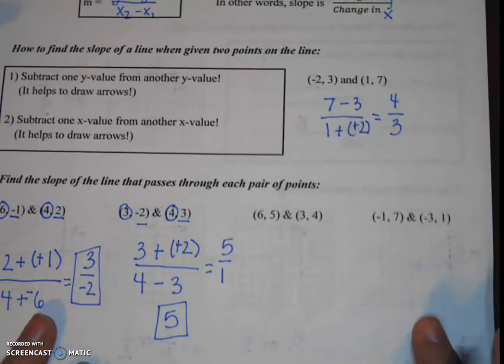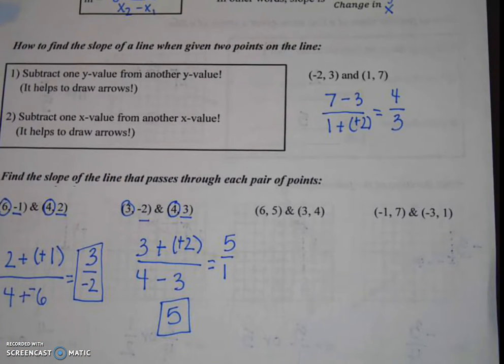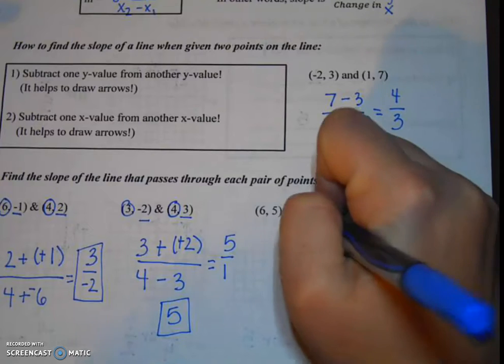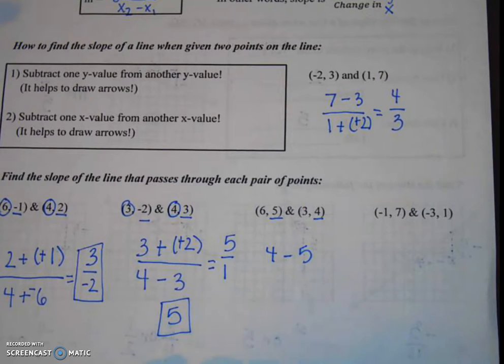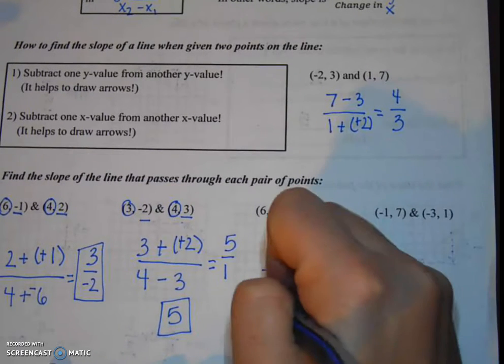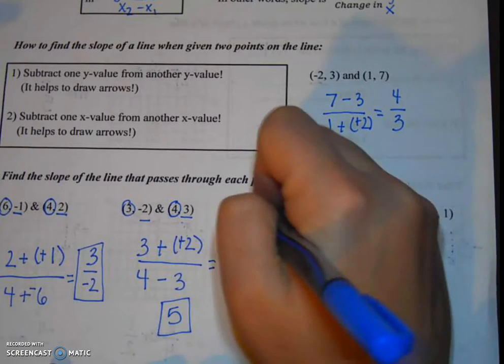Okay, take a minute and try that formula on your own. Okay, so you should have taken your y2, which is 4, and subtracted it by your y1, which is 5, and put it all over your x2, which is 3, minus your x1, which is 6.